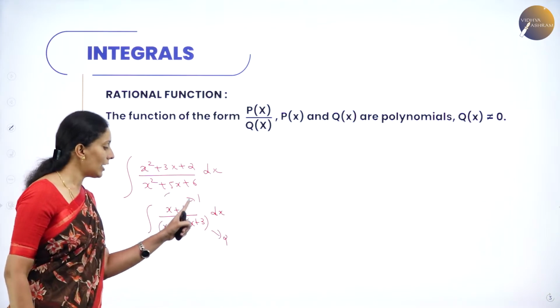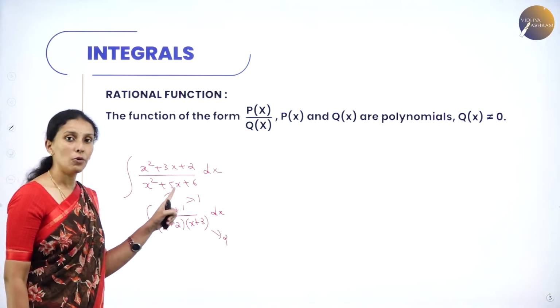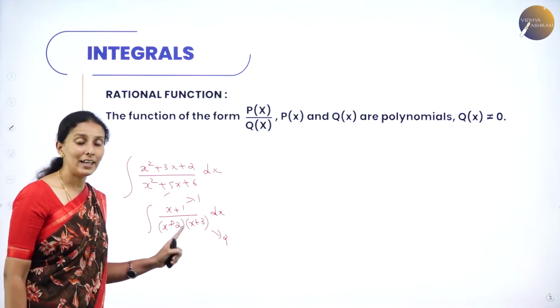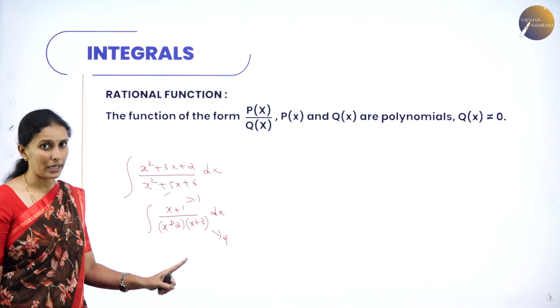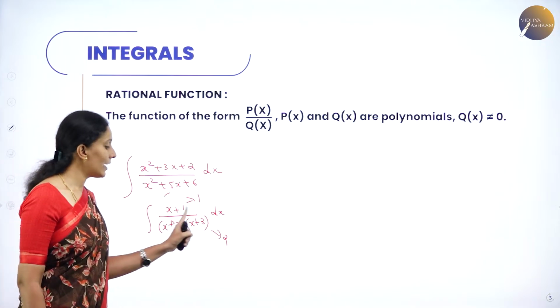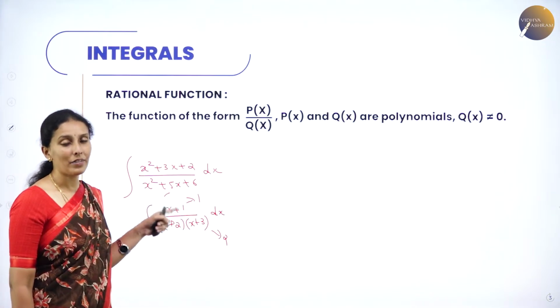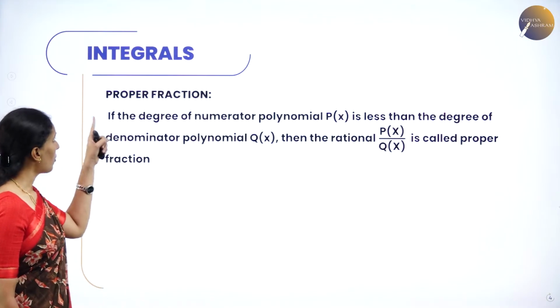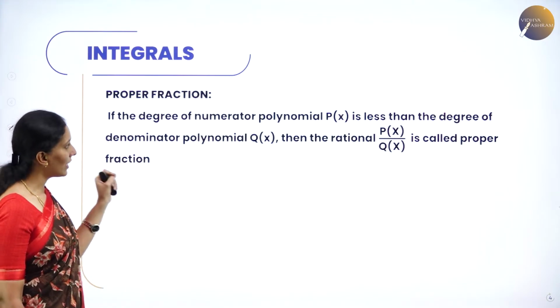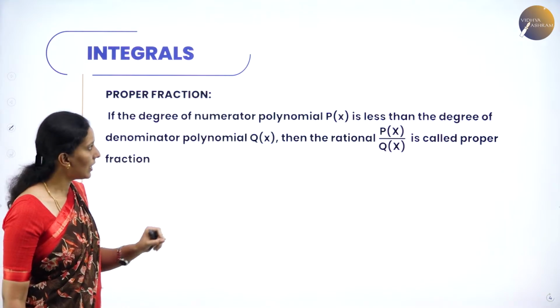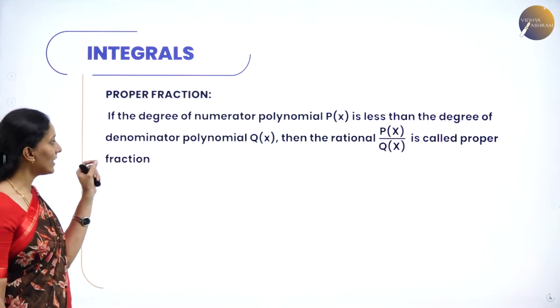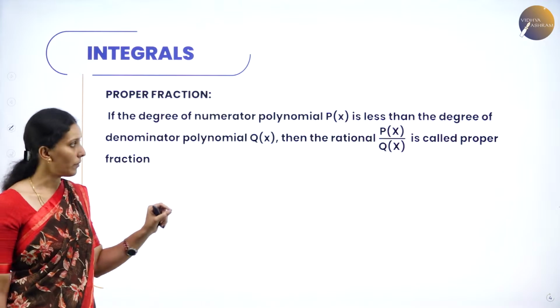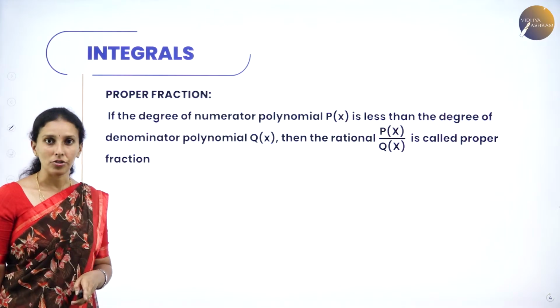So whenever the degree of the polynomial in the numerator is less than the degree of the polynomial in the denominator, or you can say the degree of the denominator is more than the numerator polynomial, then we say it is a proper fraction. That is, if the degree of the numerator polynomial is less than the degree of the denominator polynomial, then it is a rational function.